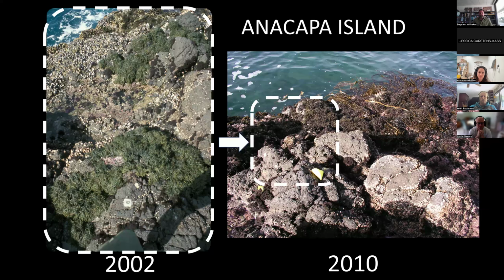And then if you look at the photo on the right, taken in 2010, and I drew that box to show the approximate area that's in the left, I think even to the untrained eye, you can see that it has shifted to more of a red algal dominated ecosystem.